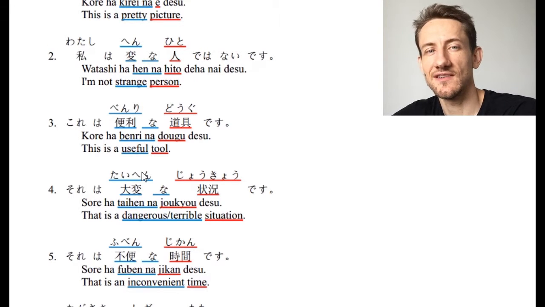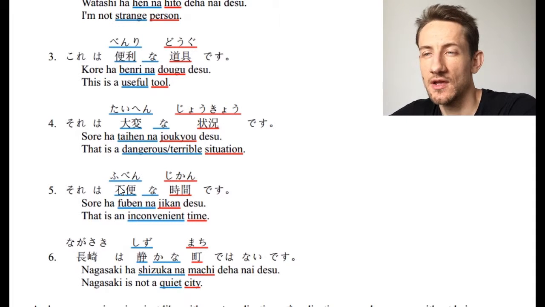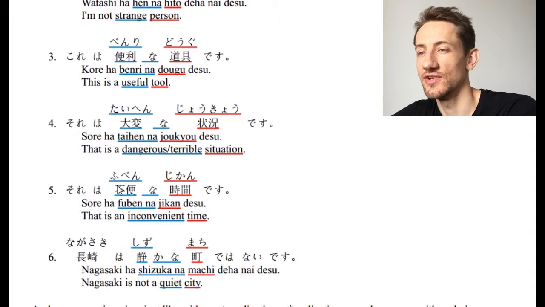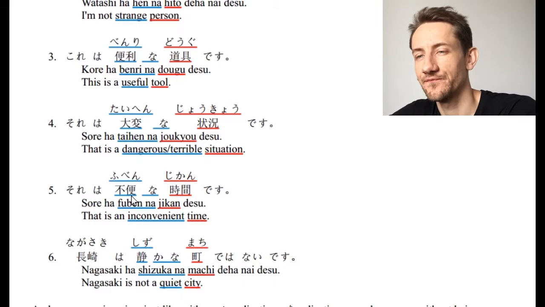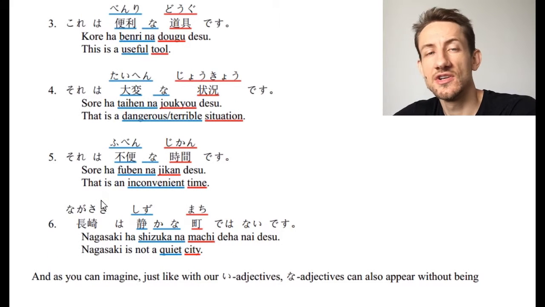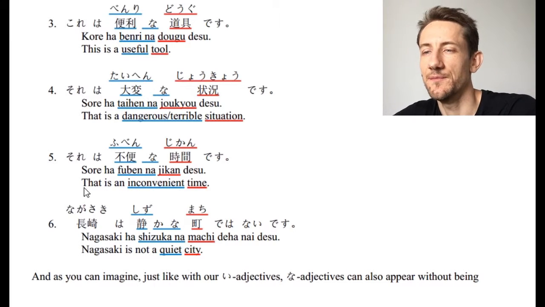This is a really convenient tool. Number four, それは大変な状況です。That is a difficult, terrible, horrible situation. 大変な状況. And number five, それは不便な時間です。That is an inconvenient time.